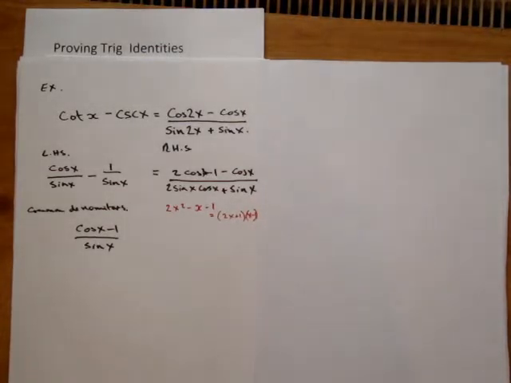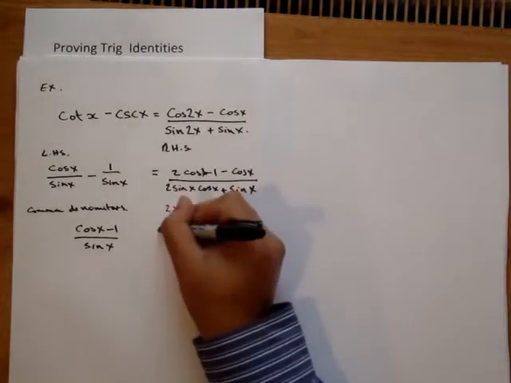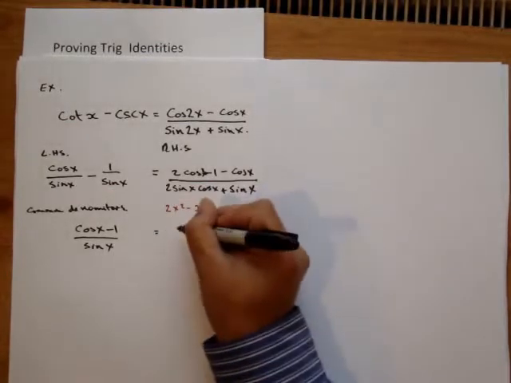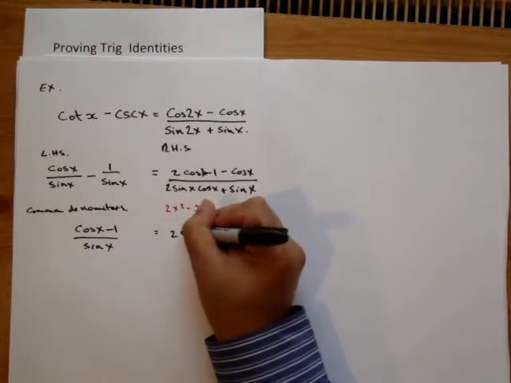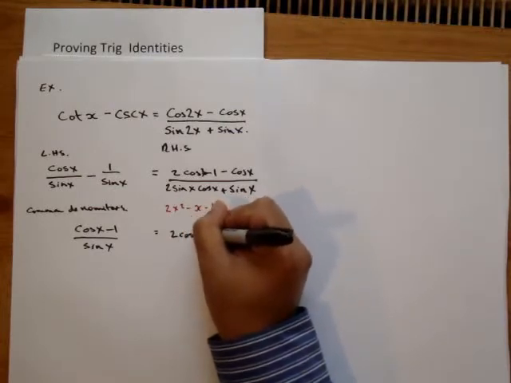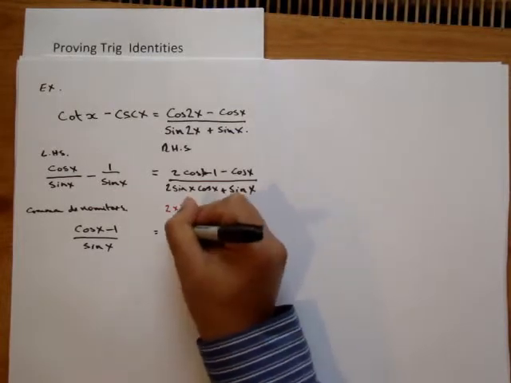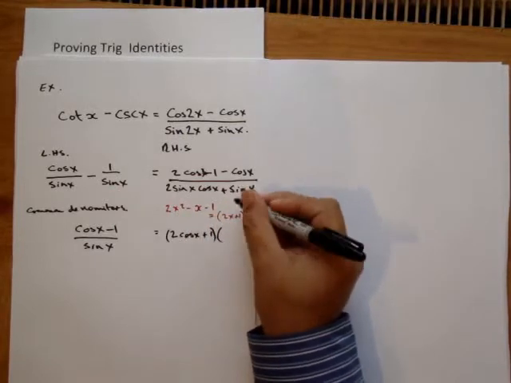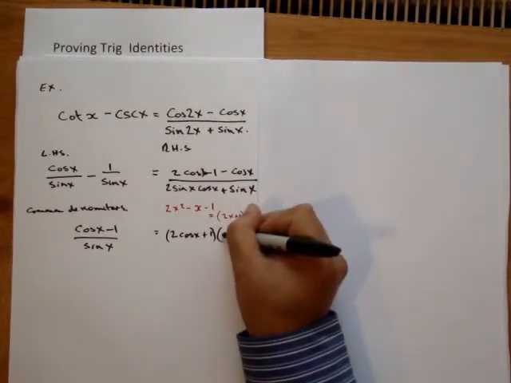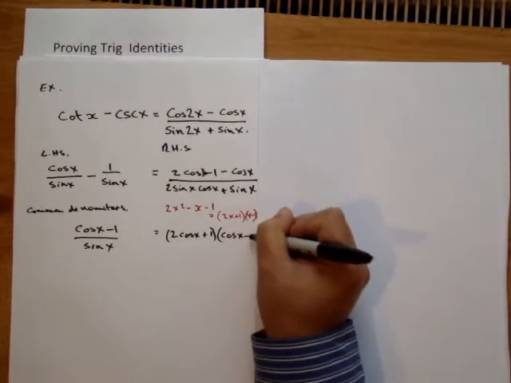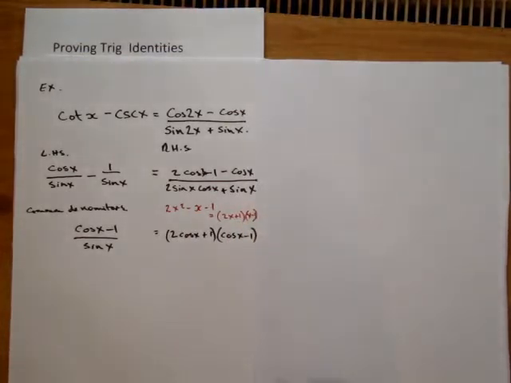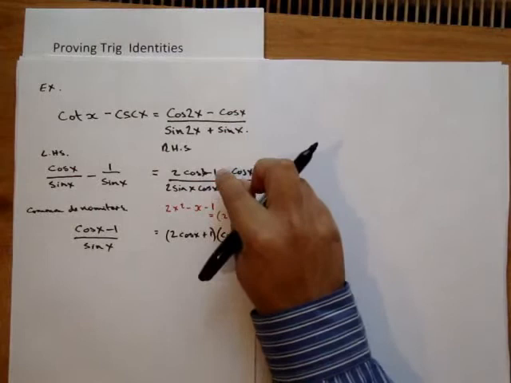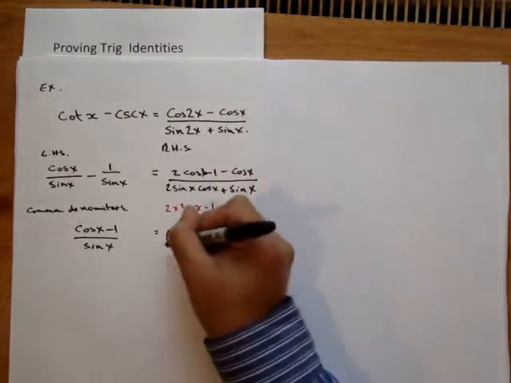So we can do the same to the numerator. When we factorize we get 2 cos x plus 1 and cos x minus 1. Those are the two factors that give us 2 cos squared x minus 1 minus cos x.